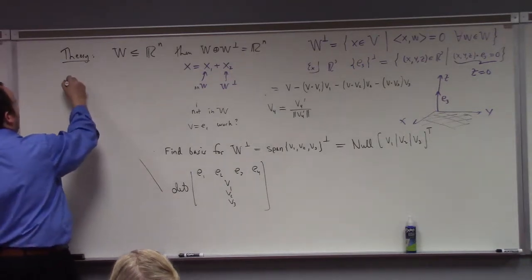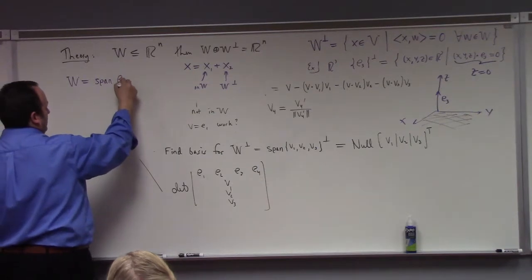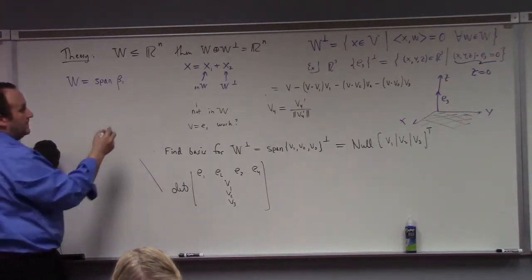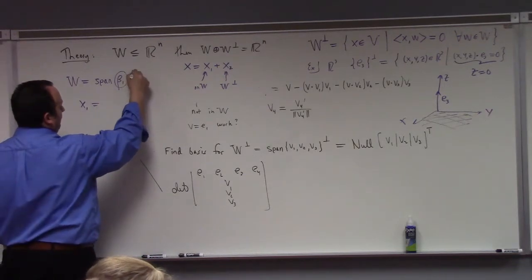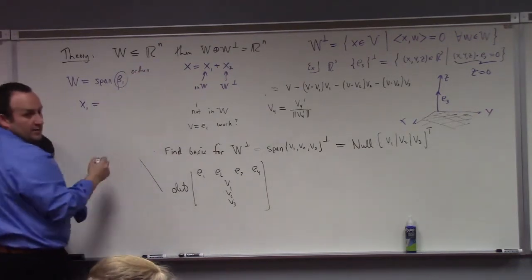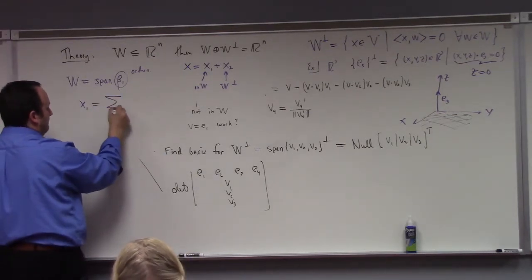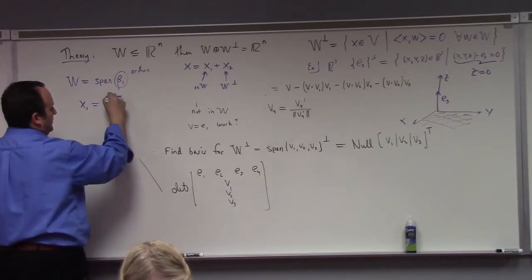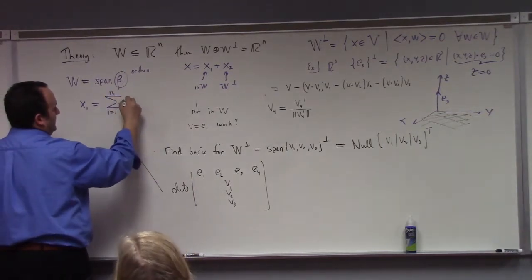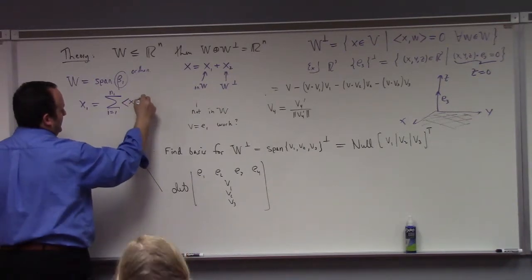If W is the span of beta 1, let's say, and this is orthonormal, then we can calculate x1 by the sum, whatever dimension this is, say i equals 1 to n1 of x against vi.